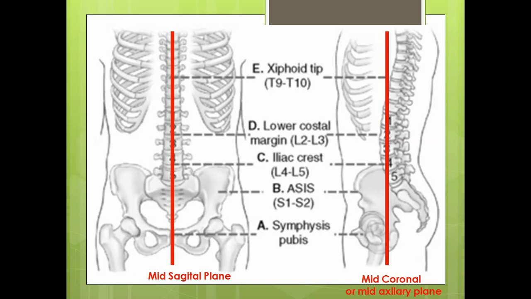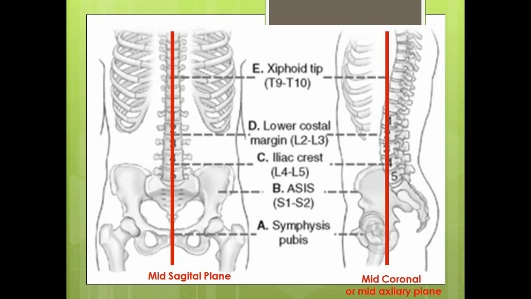Then, as I continue, you can see there are two red lines, here in the right image and here in the left image. Whenever you take a radiography, as I mentioned about landmarks, these lines are also important. The one is called the mid sagittal plane or mid sagittal line, which divides right and left. This line is very important when you take a radiography of the abdomen, AP, lateral or whatever.